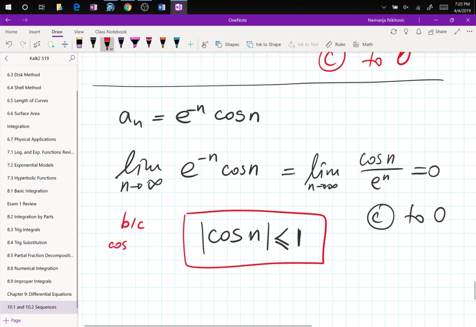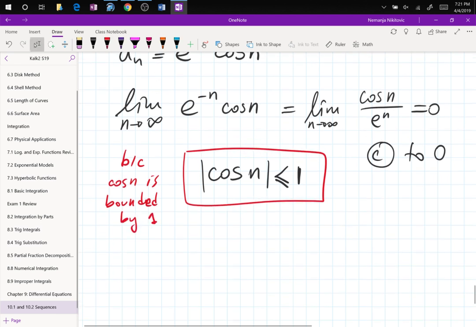Because cosine n is bounded by 1. The same goes for sine. So when you see cosine and sine in their vanilla form, cosine n, sine n, within the limit where n goes to infinity, you're dividing them by infinity.